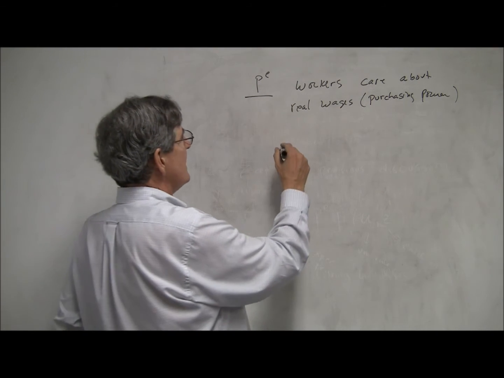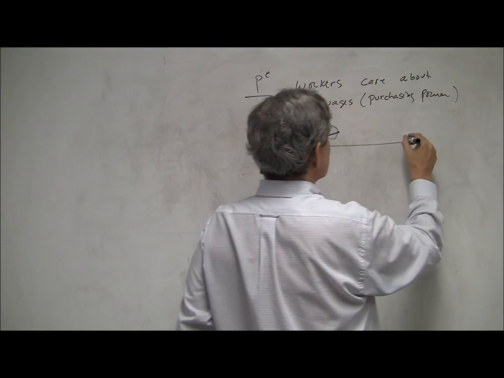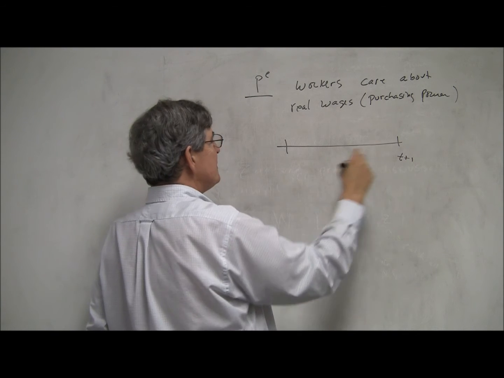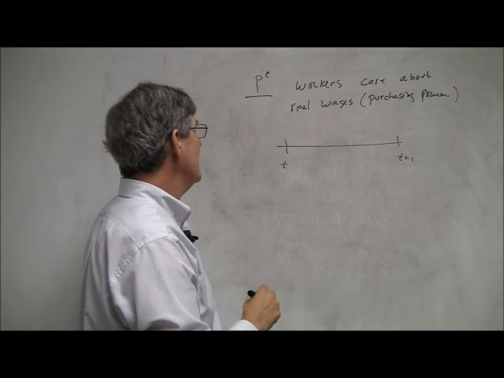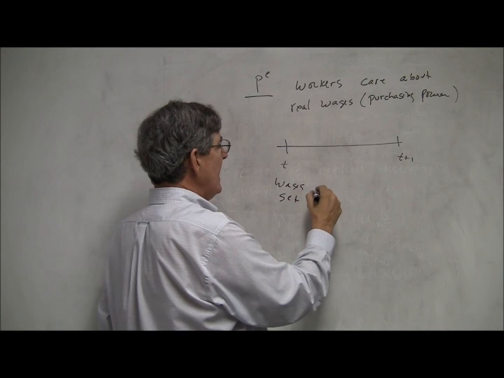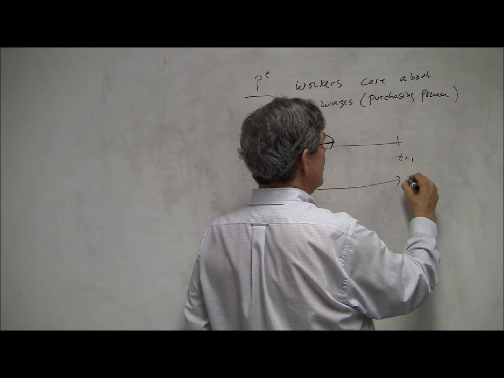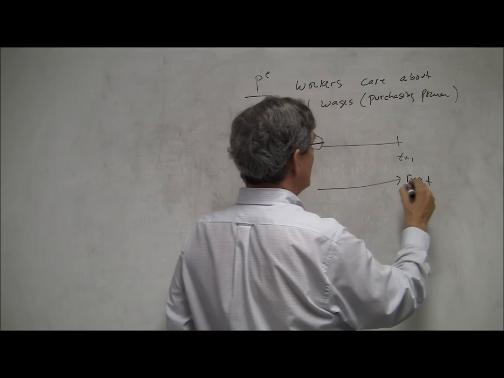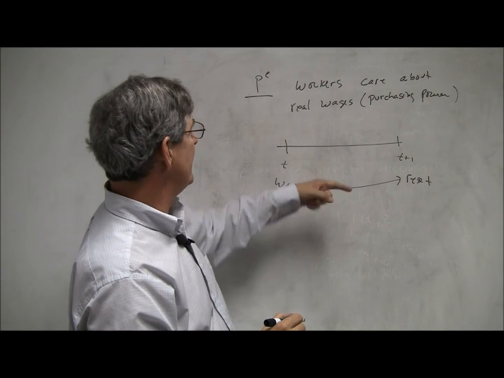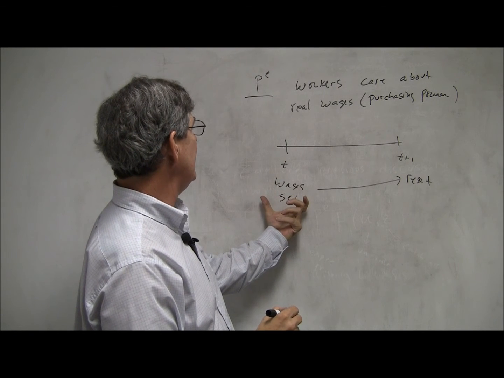Now, the way it works is that usually you set wages, so this is a timeline. This is T plus 1. This is January next year, and this is January this year. Usually wages are set here, and they're constant, and then wages are reset here. What matters is the average price level during this time period, because you want to take the wage you're getting.